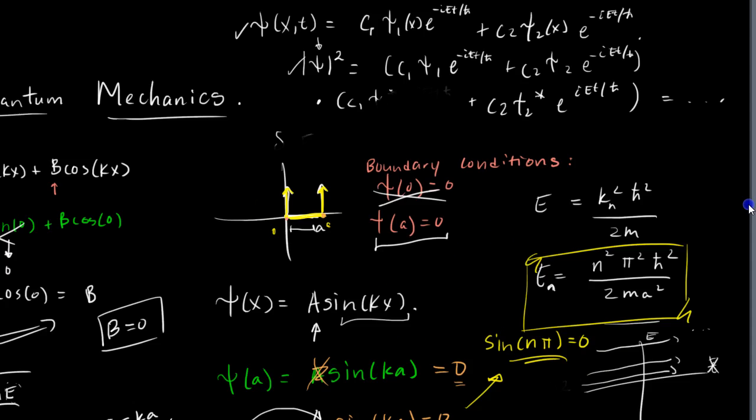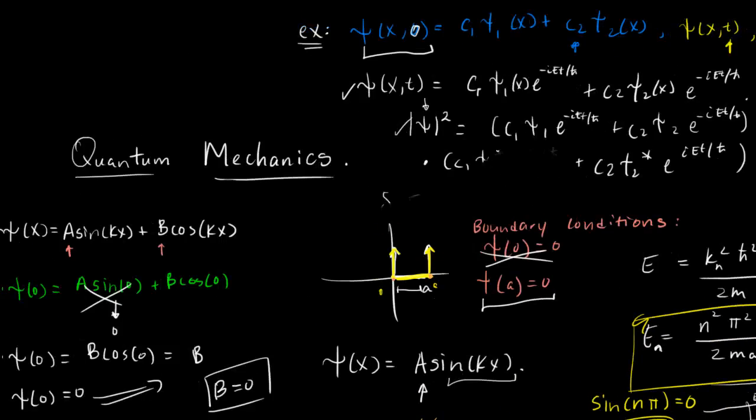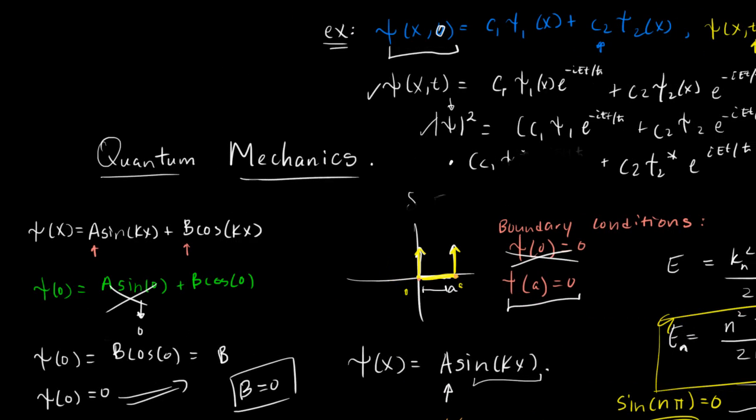Okay, so let me write up here. Now we can get our stationary state wave functions, psi n of x, which depend on n, which is just an integer. That will be equal to the square root of 2 over a, which we just found is our normalization constant, times what we found for our actual wave function, sine of n pi x over a.